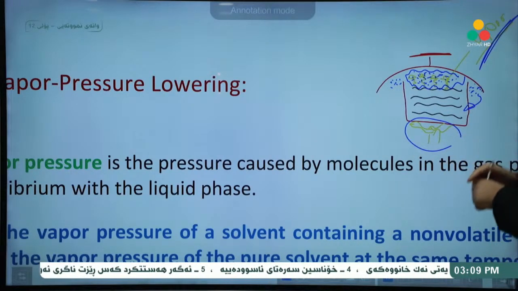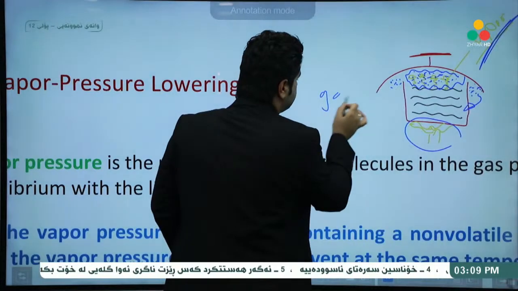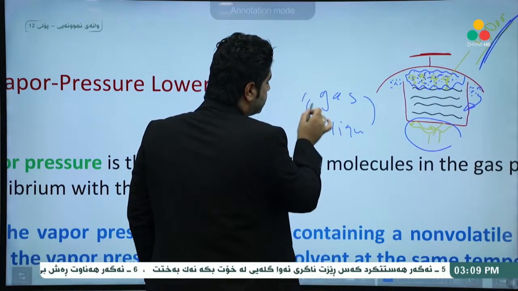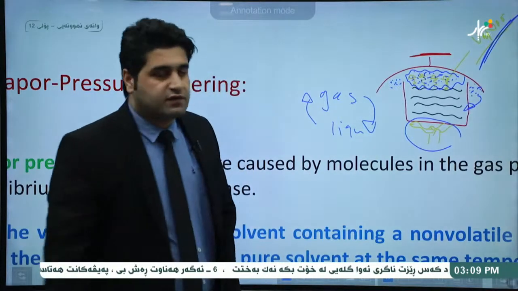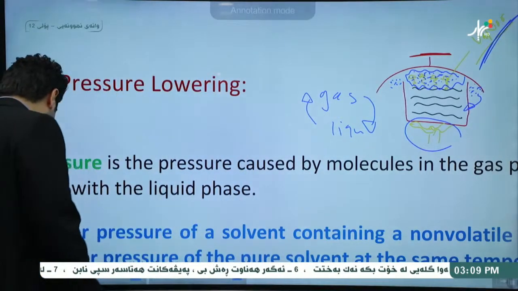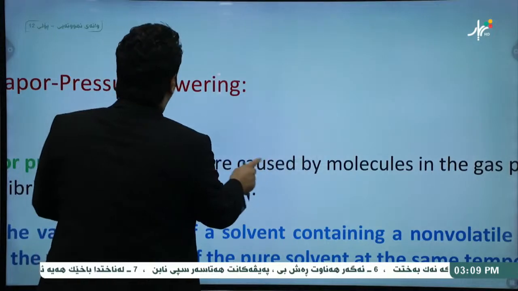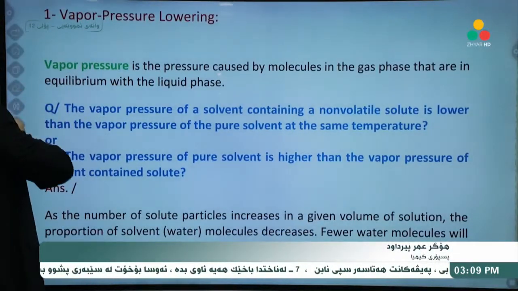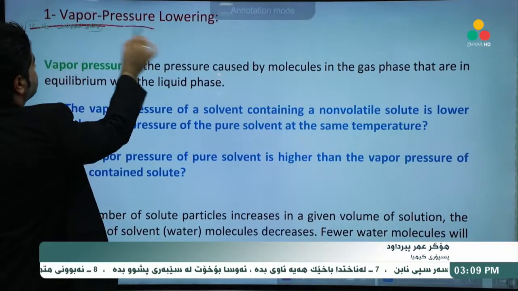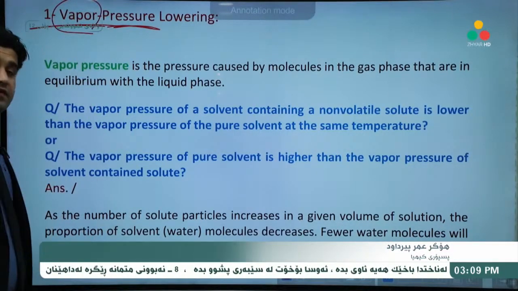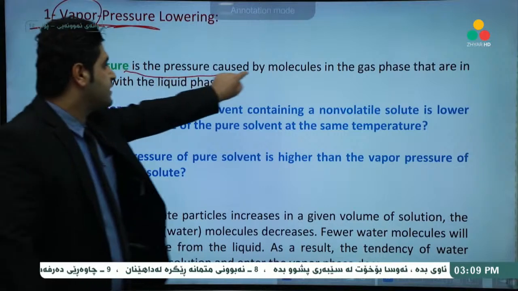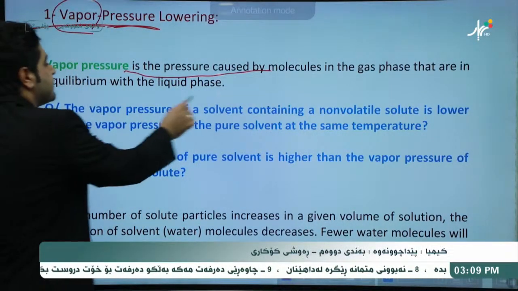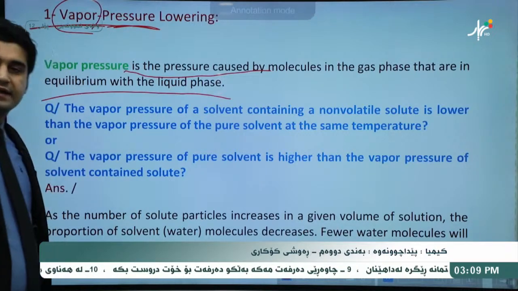So there will be an equilibrium between gas and liquid. That equilibrium is called the vapor pressure of a liquid. Just by looking at the name, we can get an idea: it means the pressure of the vapor. It's the pressure caused by molecules in the gas phase that are in equilibrium with the liquid phase.